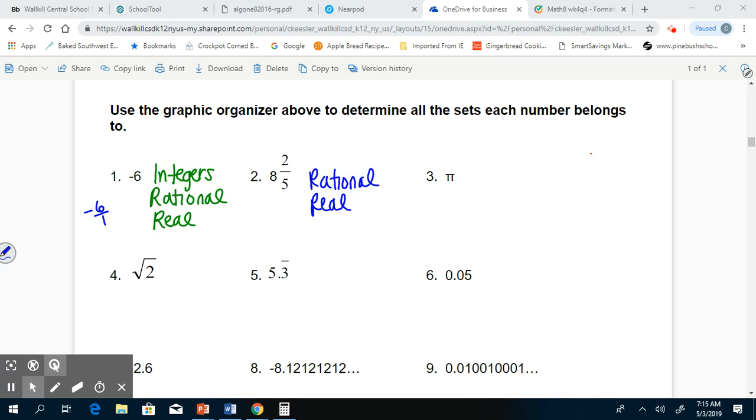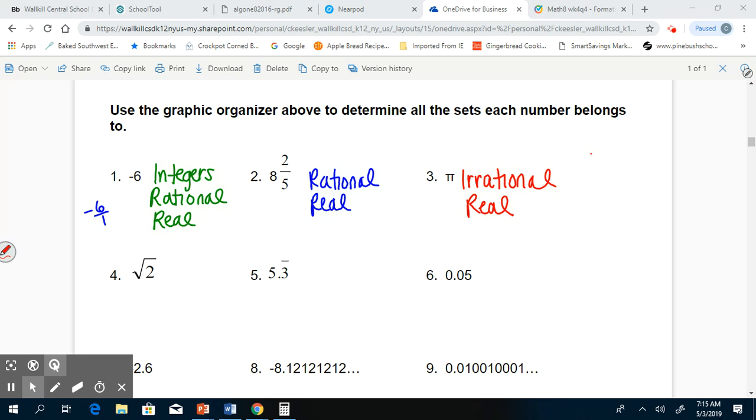That is 8.4, so it's just rational and real. Pi we talked about earlier. Pi is a non-repeating, non-terminating decimal. Therefore, it is irrational, but also real. All numbers are real.